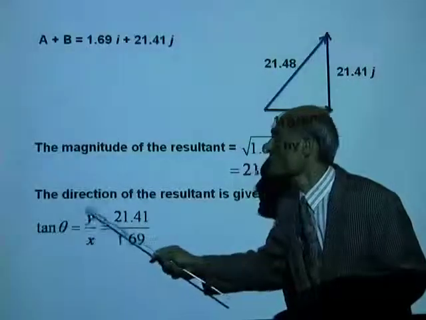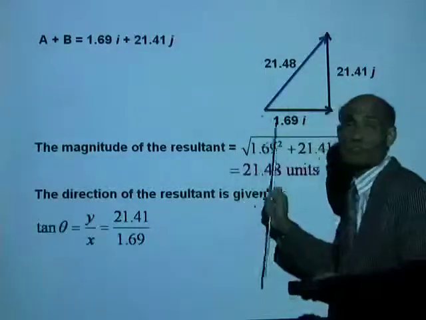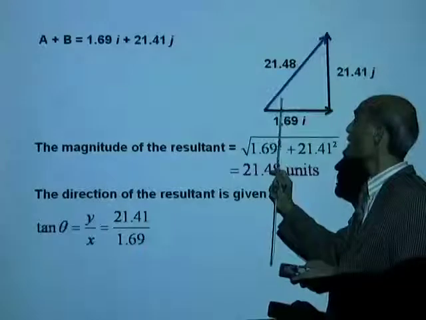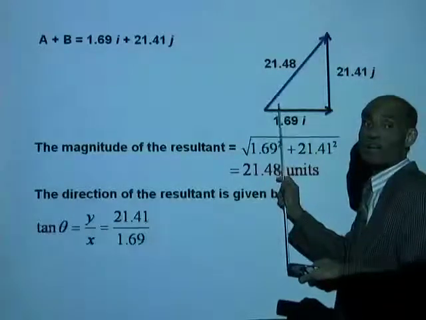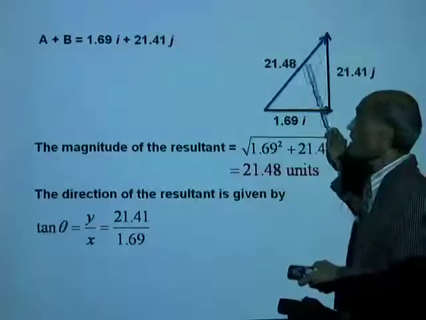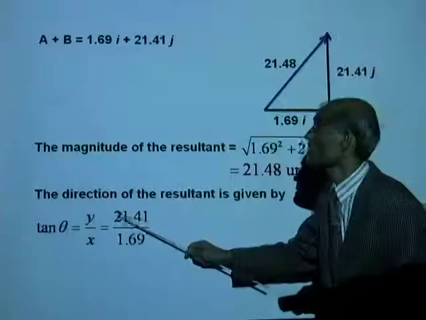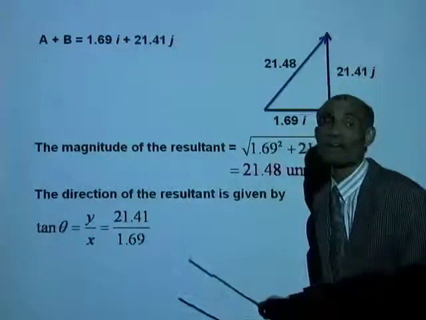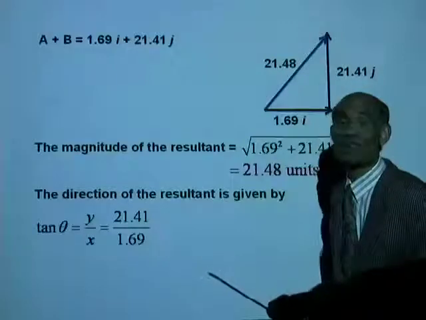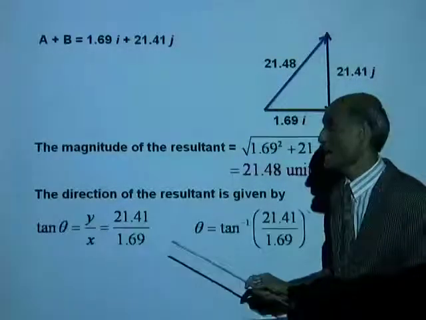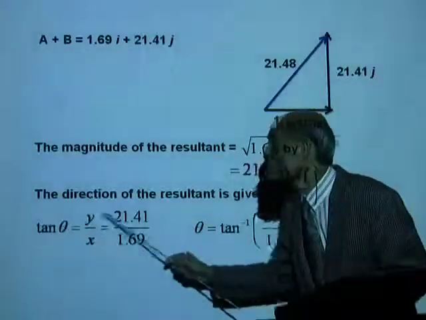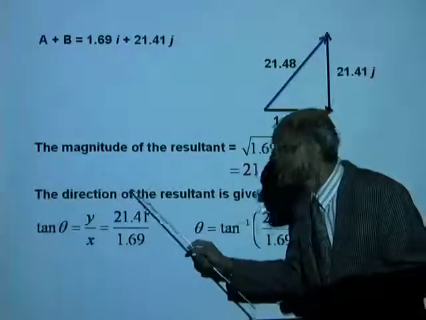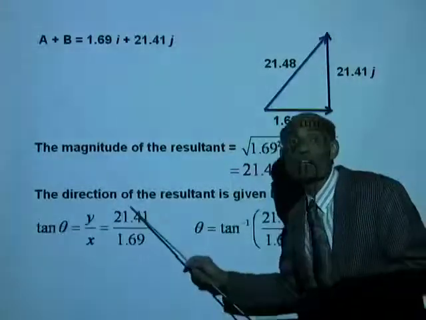So tan theta equal to y over x, that is 21.41 divided by 1.69. If this is tan theta, theta will be tan inverse of this.